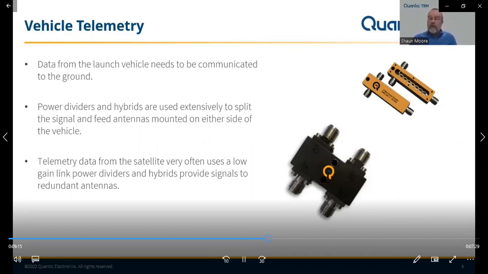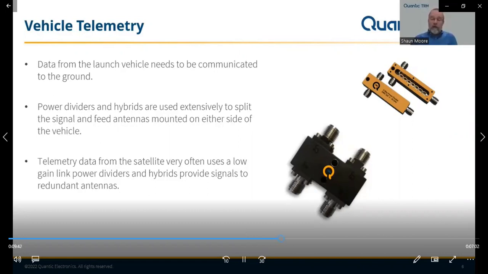So this is another place where TRM has built and designed quite a few parts in the past, to be able to divide this signal and send it out to a very simple antenna array used for data communications between the launch vehicle and the ground systems, and to supply that very important data link and all of that data of the launch vehicle as it's being launched.